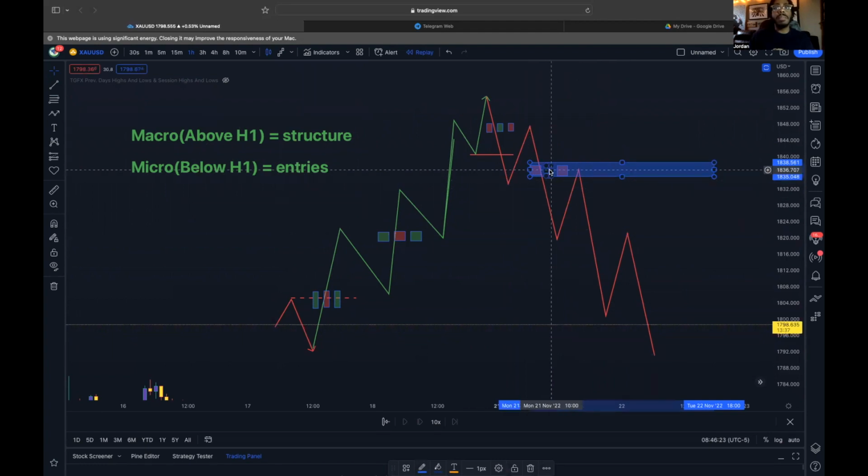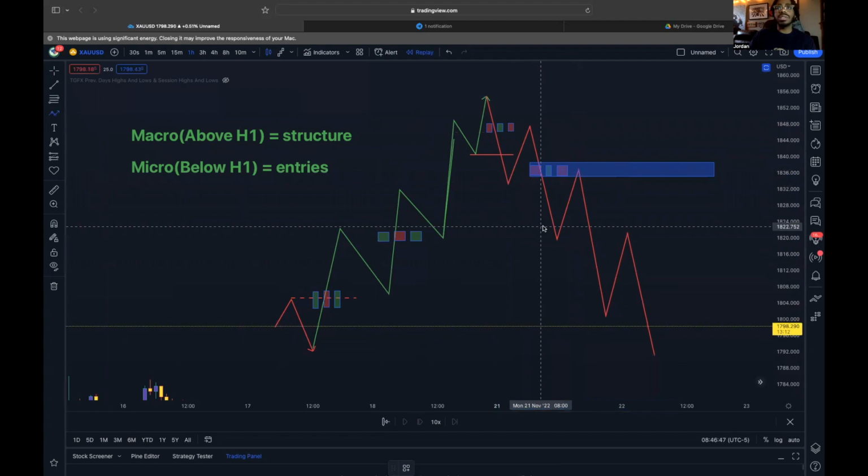I personally will trade both ways in certain situations, but most times I'm trying to flow with the overall momentum, because if I know that the overall momentum is down, if I do get some type of transition, let's say a 15-minute break of structure, okay, then I'll buy this up to this point, and then once we transition back bearish, I know overall we are in a downtrend, so I want to continue to stick with that.